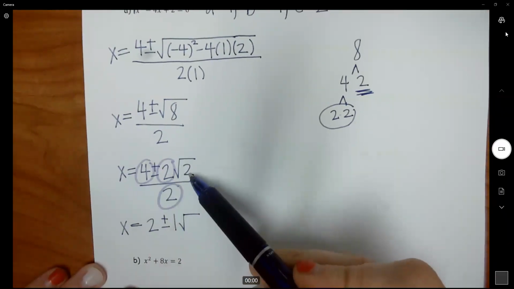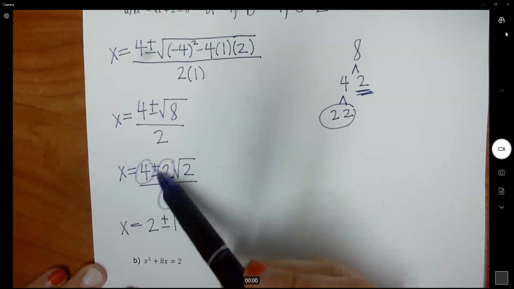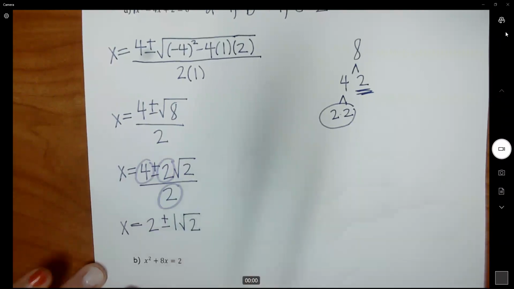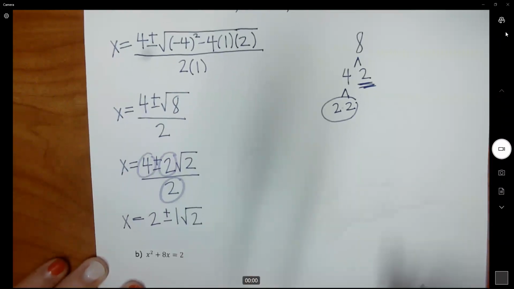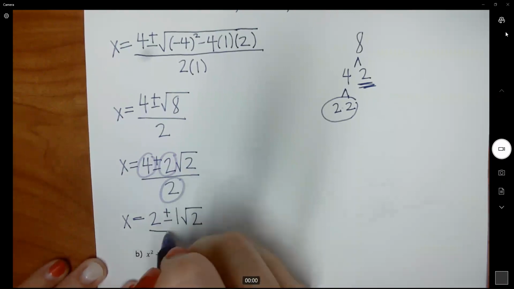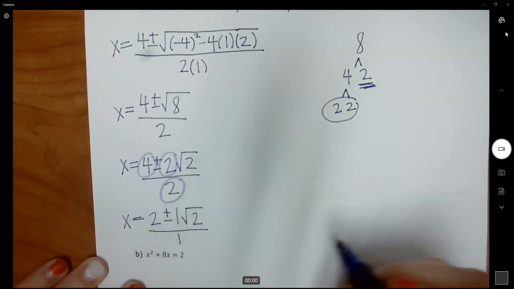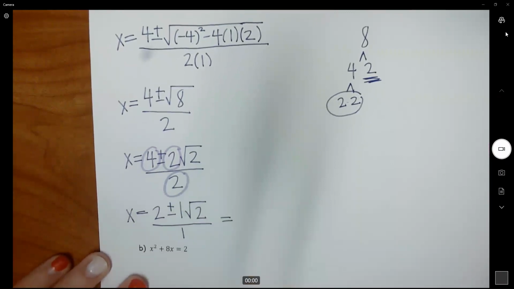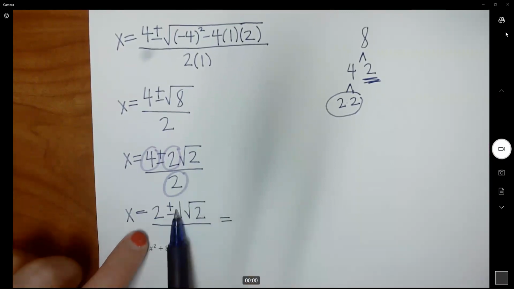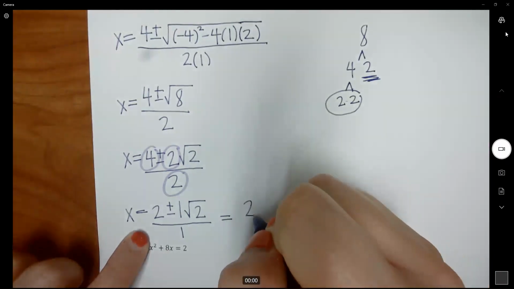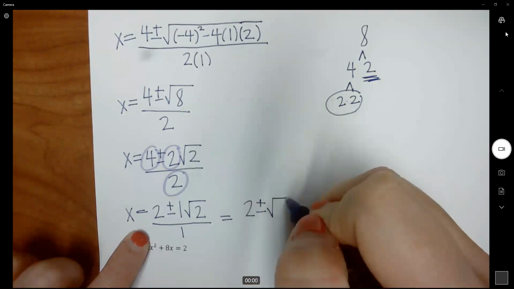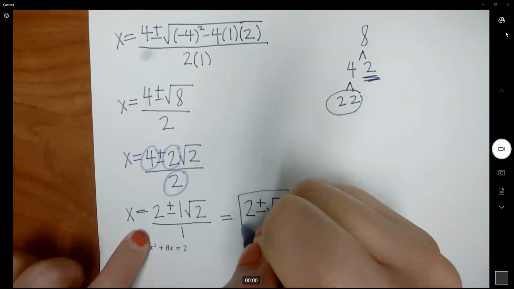Notice that 2 is divided by 2, but I do not mingle what's outside of radicals with what's inside radicals. This stays square root 2. And then 2 divided by 2 is also 1. This, my math lab would take, but these ones aren't really necessary. So I'm going to call my final answer 2 plus or minus the square root of 2.